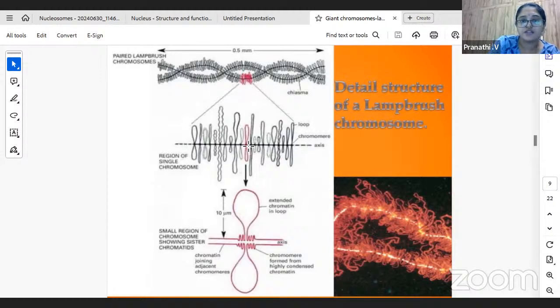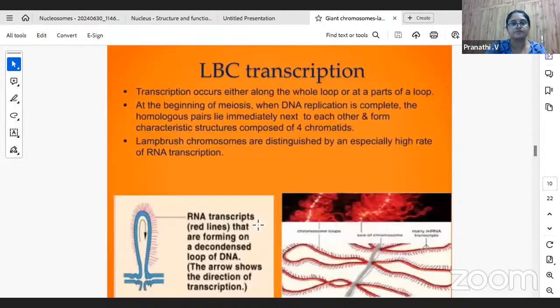If you enlarge further, you see that it is made up of around 10 micrometers of extended chromatin, in a loop manner, joined by adjacent chromomeres. This chromomere is formed from highly condensed chromatin.